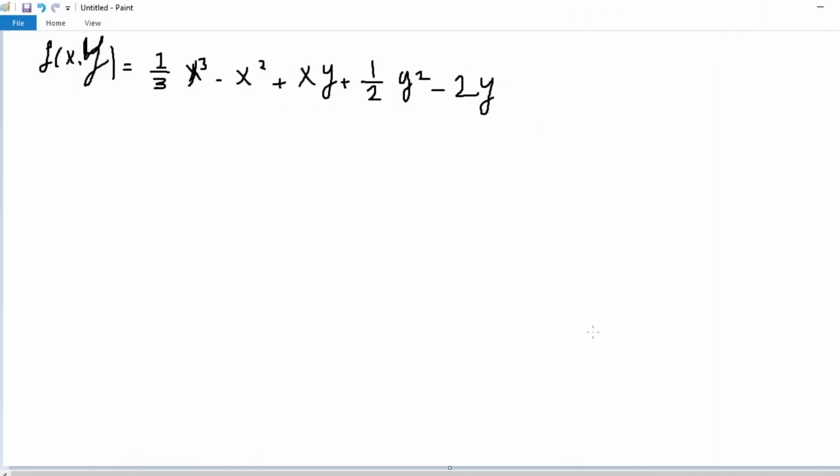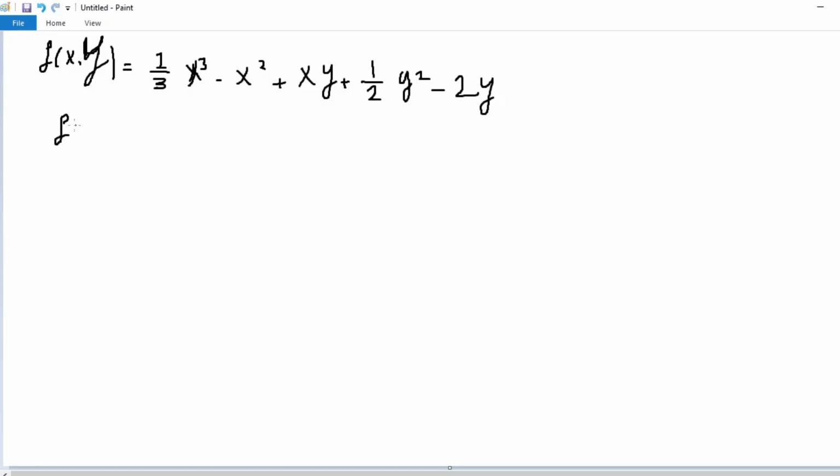This is the final example for this video, and it's really easy. You can pause the video and try it if you want. So let's start. The first thing we need to do is take the partial derivatives.